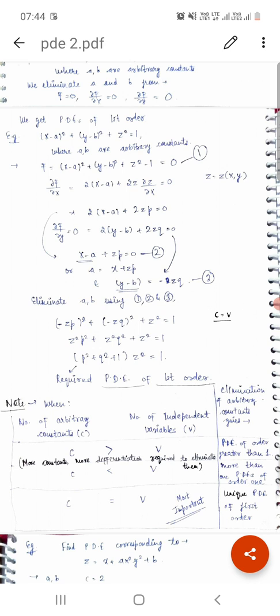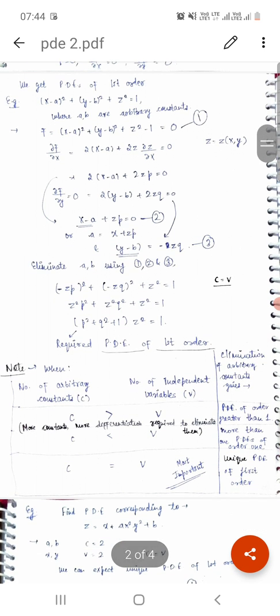Once we substitute, we get a final equation which contains z, p, q, and some constants present in the equation. This is the required partial differential equation, and the order of this equation is 1.